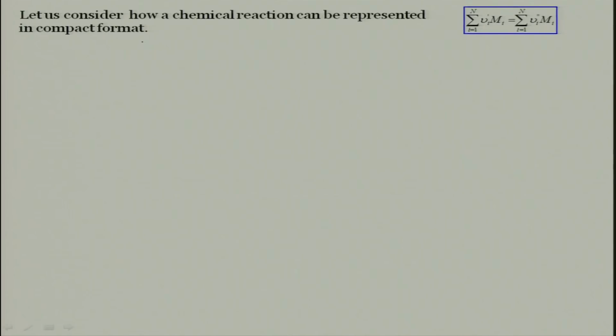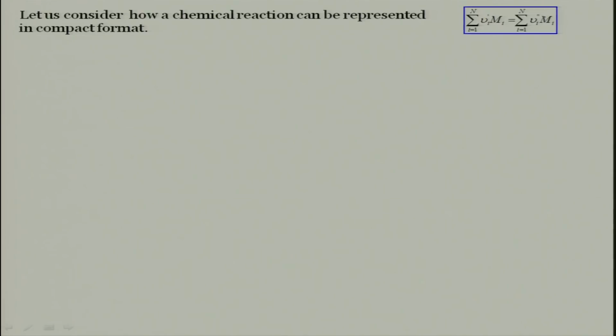So let us see that we can do that in a very compact mathematical form: summation of nu_i' M_i, where the prime is the reactant side, over all the participating species i equal to 1 to N, and this is of course the product side, i equal to 1 to N, summation of nu_i'' M_i.